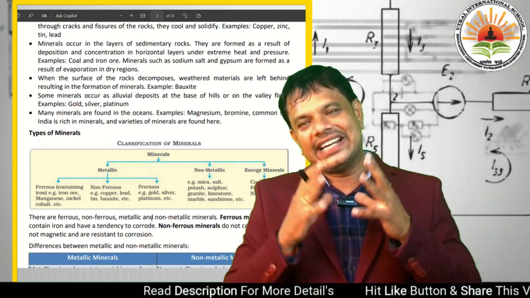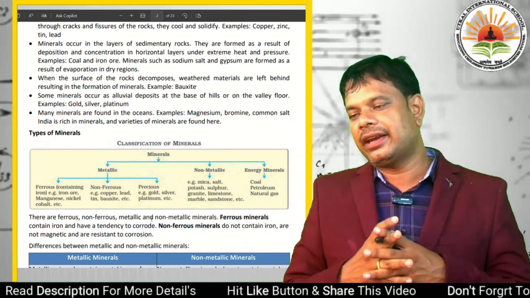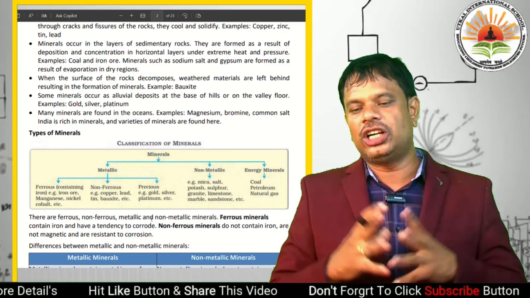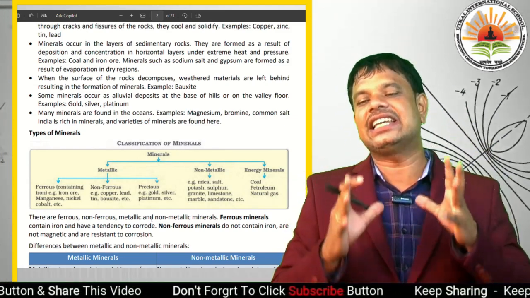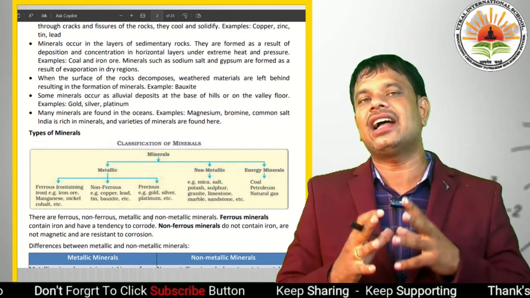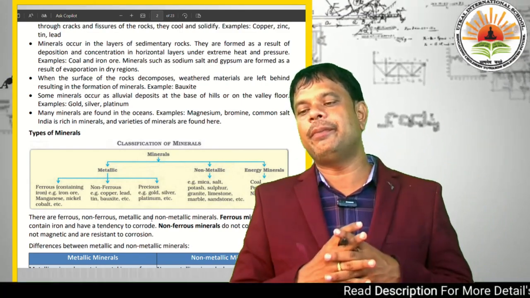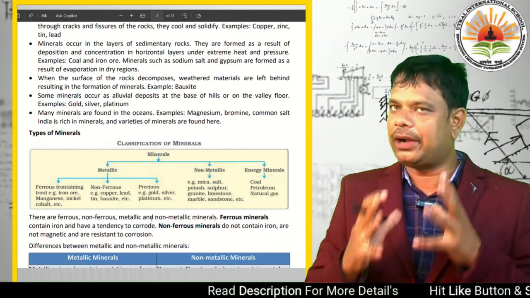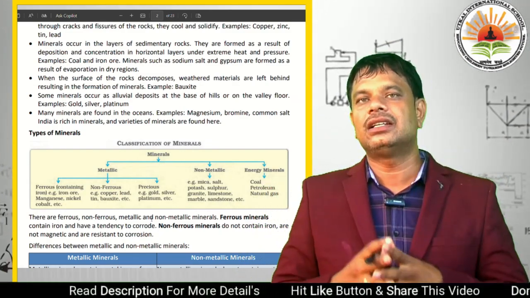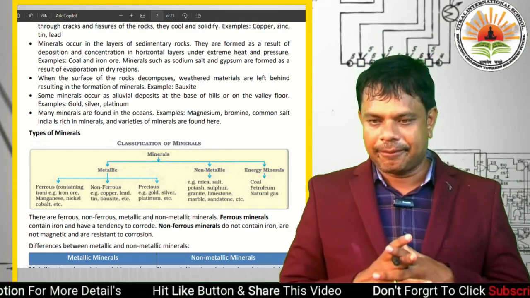Examples: magnesium, bromine, common salt. India is rich in minerals. Our India has plenty of minerals, and varieties of minerals are found here.